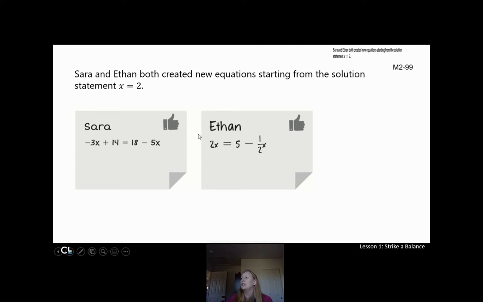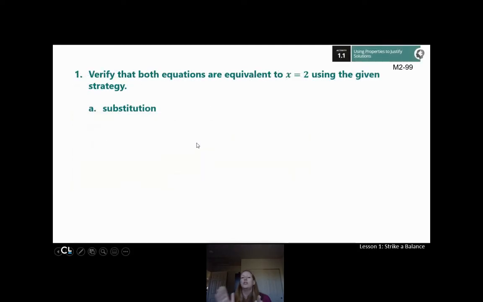So here's what we're going to do. We're going to use two different methods to verify that both equations will give us x equals 2. And we're going to use two different strategies to help us do that. So the first strategy is substitution. Substitution just means, hey guys, guess what?